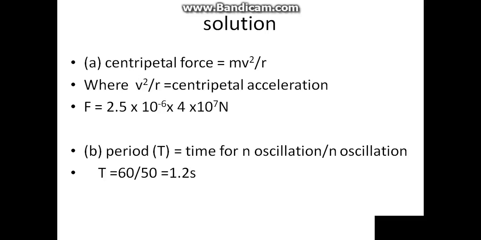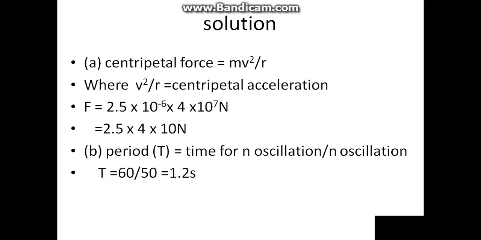Then, putting in these values, we now have force equal to mass, which is 2.5 times 10 raised to power minus 6, times the centripetal acceleration, which is v squared over r, which is 4 times 10 raised to power 7 Newton. The centripetal force is equal to 2.5 times 4 times 10 Newton.